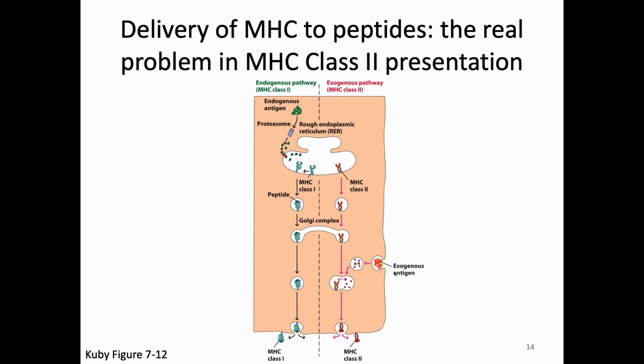Is it that MHC class 1 and class 2 are both being produced in the ER at the same time? They are both being produced in the ER at the same time. And why is that a massive problem here? Yeah. Because you're getting endogenous antigens being put in the ER for class 1. Mm-hmm. So why do they not bind to class 2?